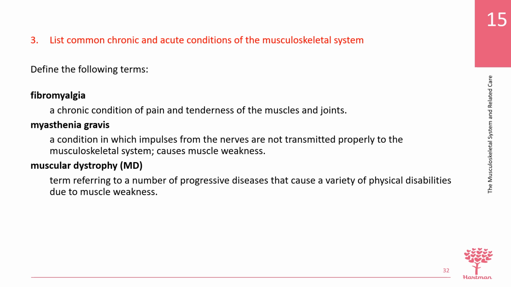Myasthenia gravis is a condition in which impulses from the nerves are not transmitted properly to the musculoskeletal system, and it causes severe muscle weakness. And then you have muscular dystrophy, which is a term referring to a number of progressive diseases that cause a variety of physical disabilities due to muscle weakness.